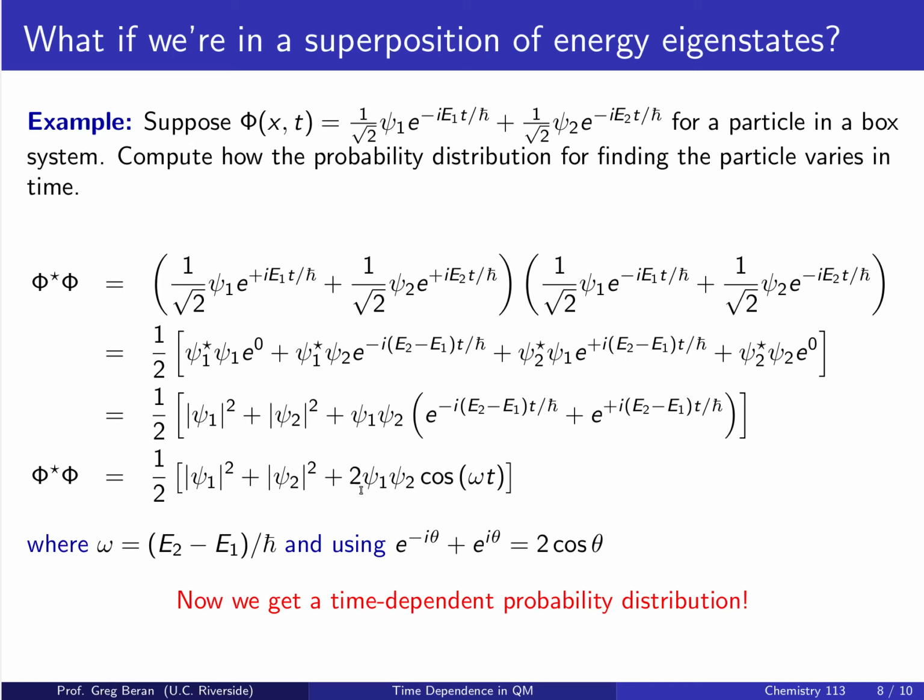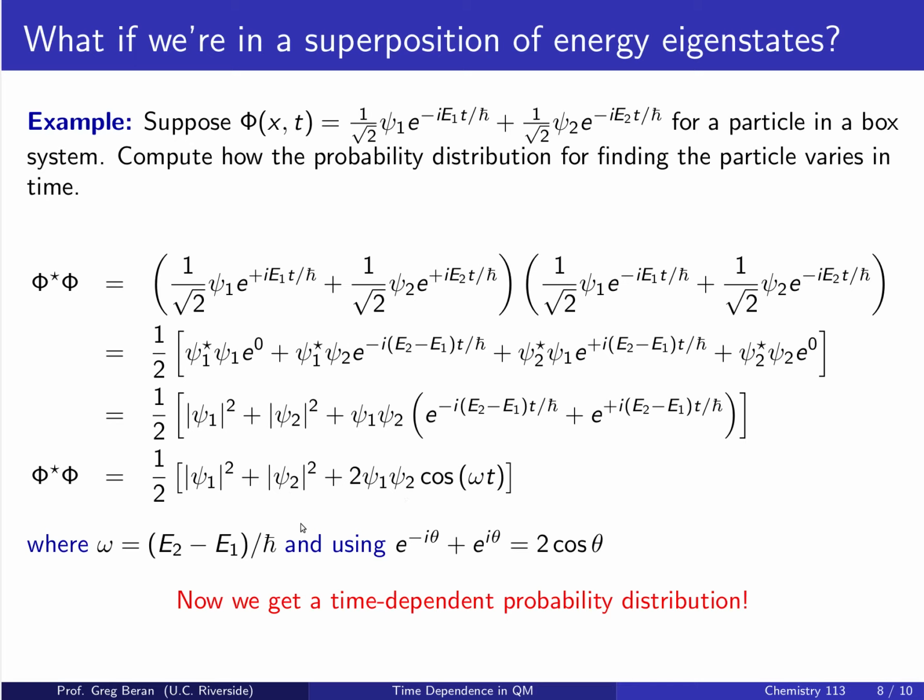And so we get an expression that looks something like this, where I've now defined this new value omega, which is these constants, E2 minus E1 over h bar, just to make it a little easier to look at. Essentially what we see is that if our wave function starts as a superposition of multiple energy eigenstates, we end up getting a time-dependent probability distribution that looks like the probability distribution for state 1 plus the probability distribution for state 2 plus some time-dependent oscillating factor.